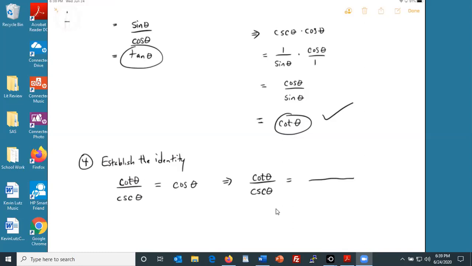All right. Have you rewritten the terms in terms of sine and cosine? So the top piece, cotangent, is cosine over sine. So the numerator, I replace cotangent with its quotient identity, cosine over sine. And cosecant is 1 over sine.